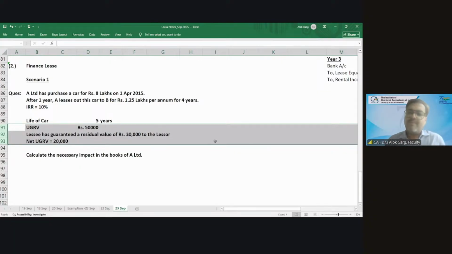Now every asset has a life. You must have heard that at times people are taking houses, flats on a lease basis, which are furnished flats.